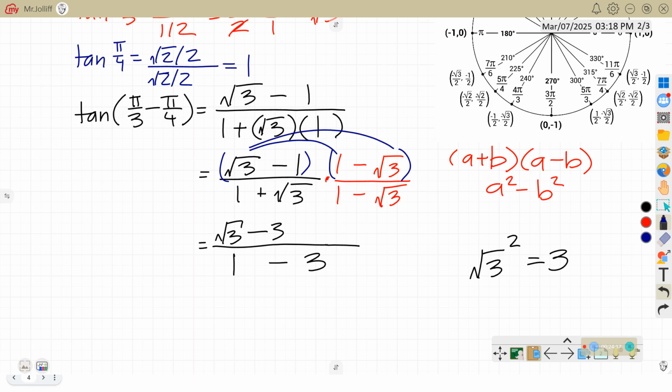Now I'm going to do the inner, which is negative 1 times 1, which is minus 1. And then I do the last. So the last is going to be negative 1 times negative square root of 3. Negative, negative becomes positive. And 1 times root 3 is root 3.